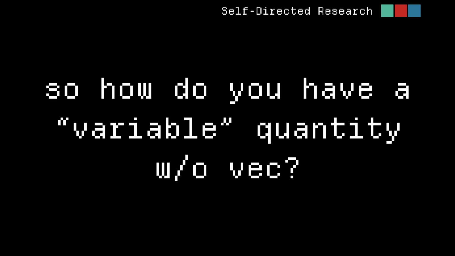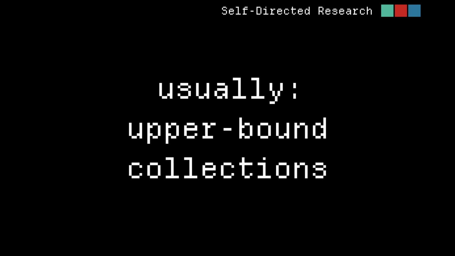Yeah. So if we don't have vec, how do we do a variable quantity of things? Like in embedded systems, if we might have 1, 2, 3, 4, 5 of something at any given time, and this might change over time, how do we deal with that if we don't have something like vec where we can push and pop? Well, we usually use upper bound collections. So if you've used something like a stack vec before, or heapless is a very popular crate, what you do is you go, here's a chunk with room for up to 16 items.